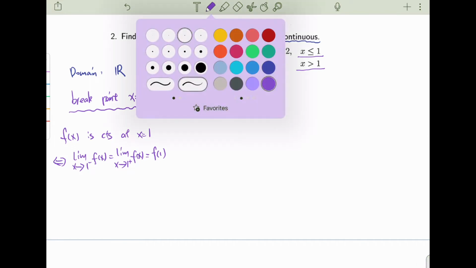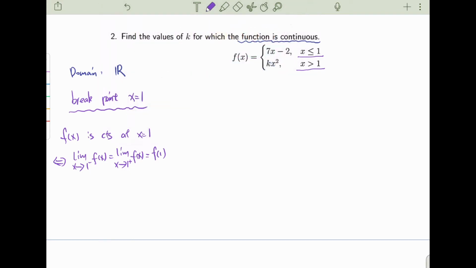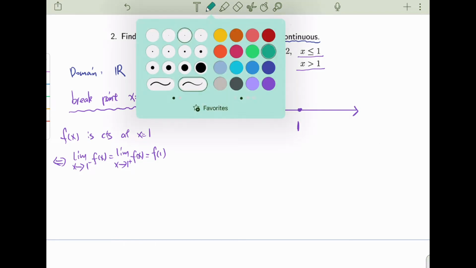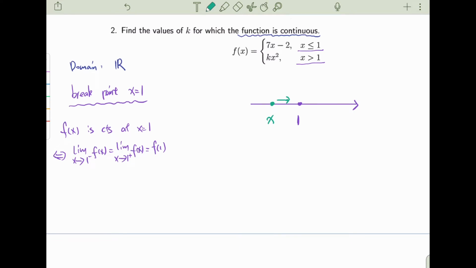Okay, now go from the left limit. Now you have your x-axis here, and this is your point, x equal to 1, right? And then you're gonna choose a point from the left. This is your x, and this point is gonna approach this 1 from the left side, right?